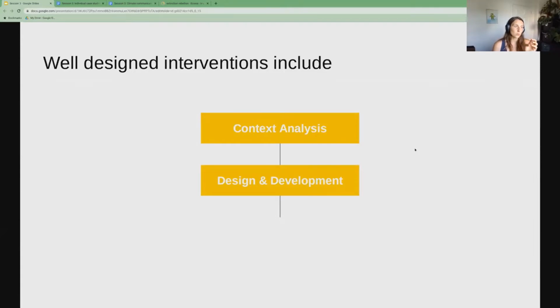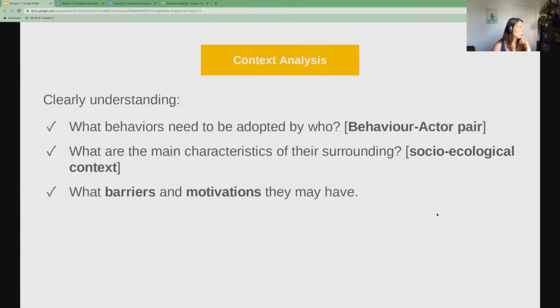And the third, which is pretty important, and you will see that a lot in change management and projects like international development, is monitoring and evaluation. So really looking at your outcomes and your outputs.